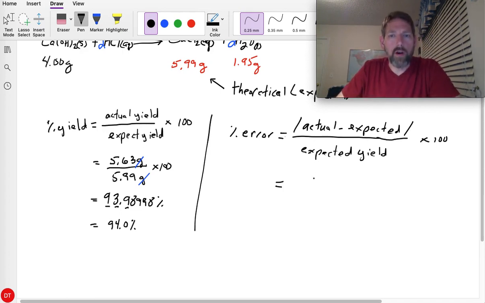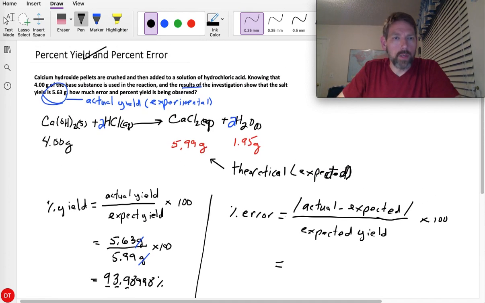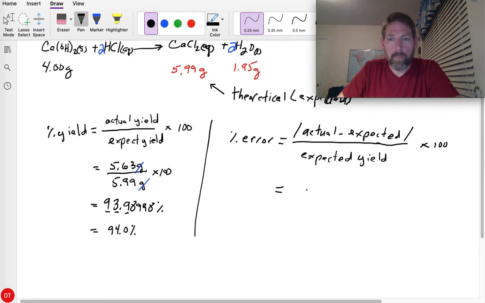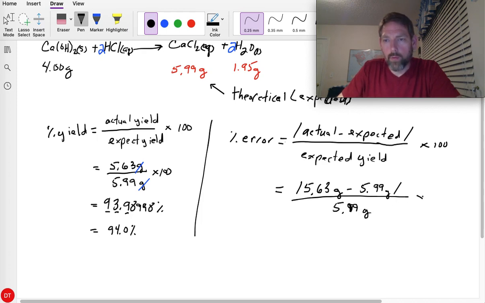In this case, our actual yield, remember, was the 5.63 grams, minus our expected, 5.99 grams, and of course that's all in absolute value. Then that's divided by what we expected, which is 5.99 grams, and of course that's times 100.